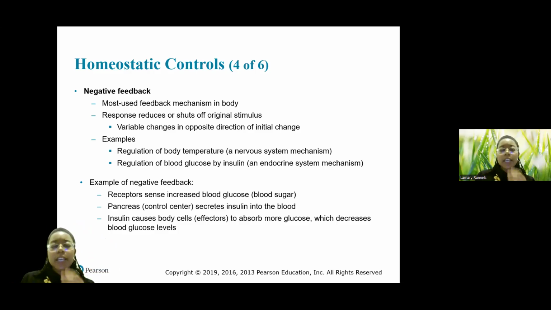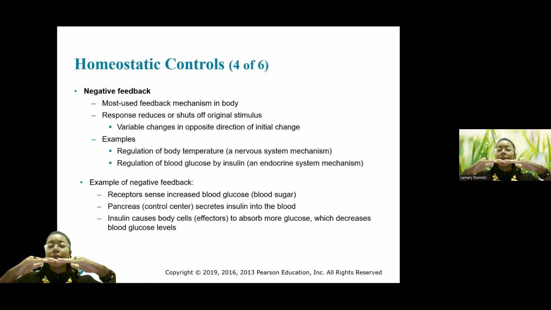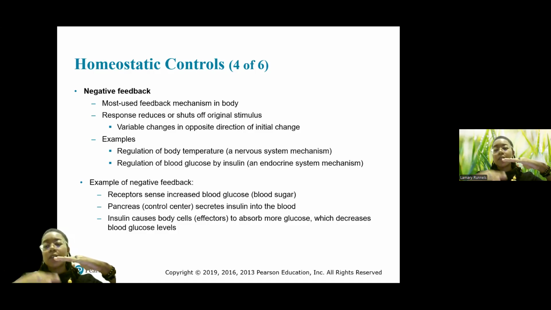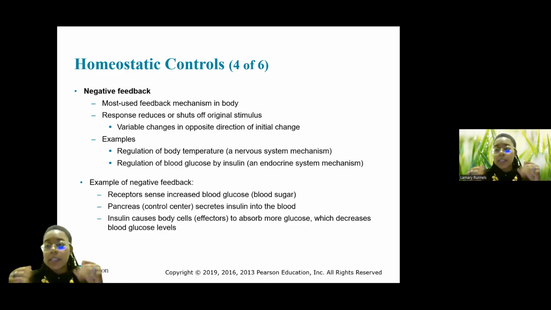Okay, and it's the same effect if you are now coming back inside where it's cooler, and it's a little too cold, then your body responds to that stimulus. Your body temperature has dropped from 98.6 degrees Fahrenheit to something below that homeostatic range, and so your body starts to shiver in order to generate heat to hopefully bring your body temperature back up to 98.6 degrees Fahrenheit.